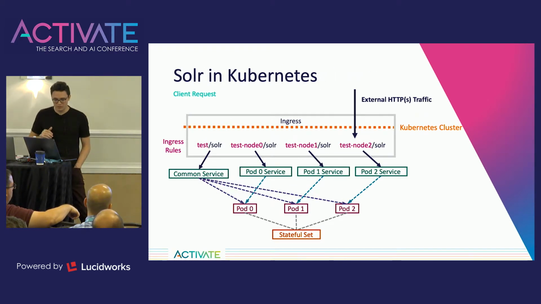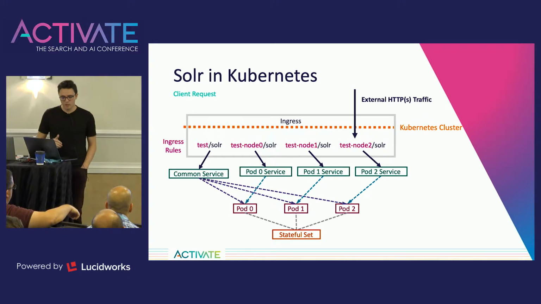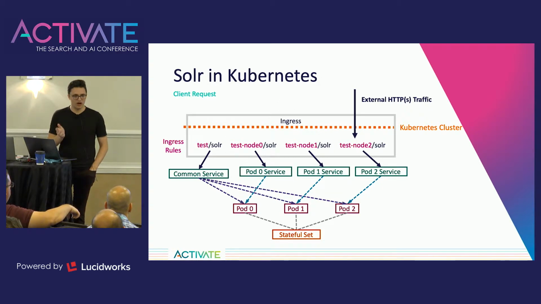I forgot to mention, since we can't use headless services, we're going to have to, unfortunately, create an individual service for every Solr node or pod within your SolrCloud. And so when we actually build up a SolrCloud within Kubernetes, we end up with this. We have a stateful set at the bottom, which is managing Solr nodes or pods.